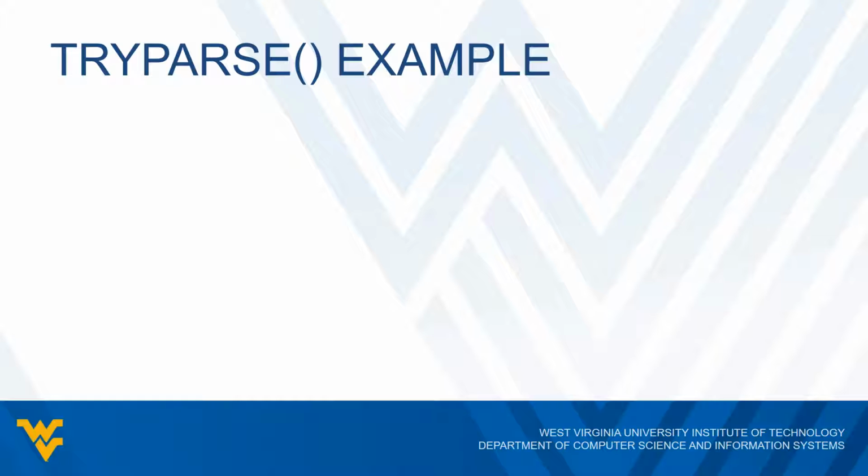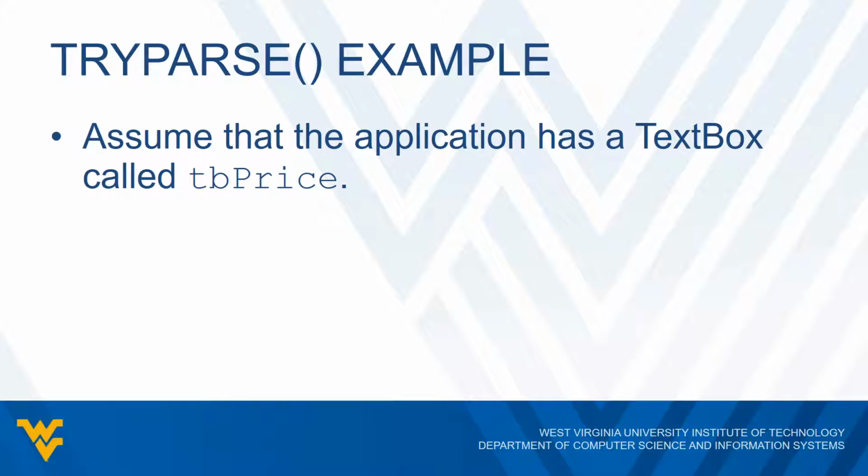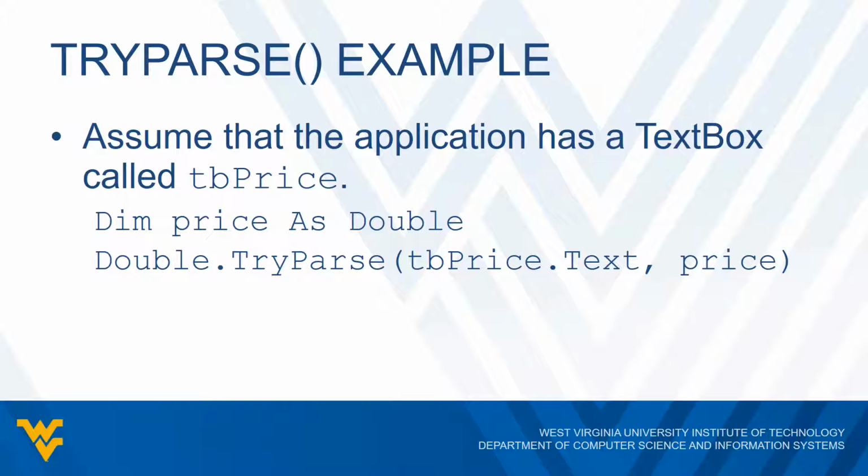Let's do an example to help us understand the try-parse method a little bit better. So let's say we have an application, and this application has a text box. We'll call this text box TB price. And let's say we have the following code. So we have dim price as double. That means we're declaring a variable called price, and we are saying it's going to be a double.